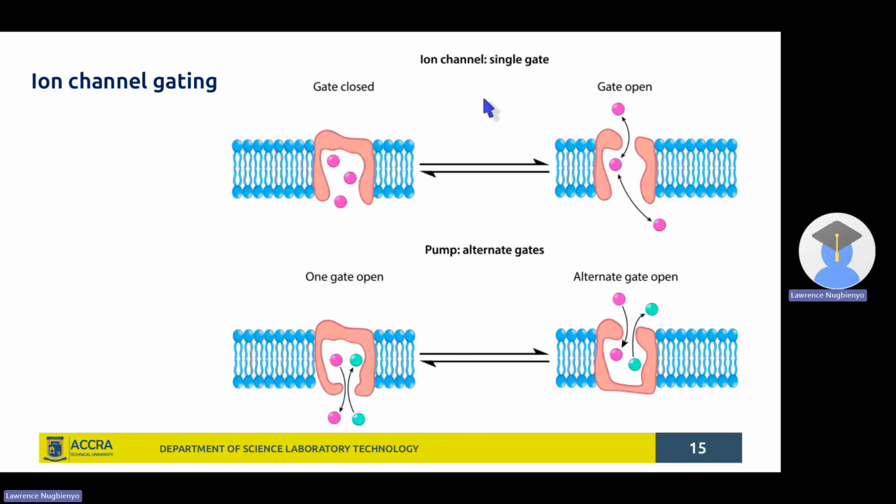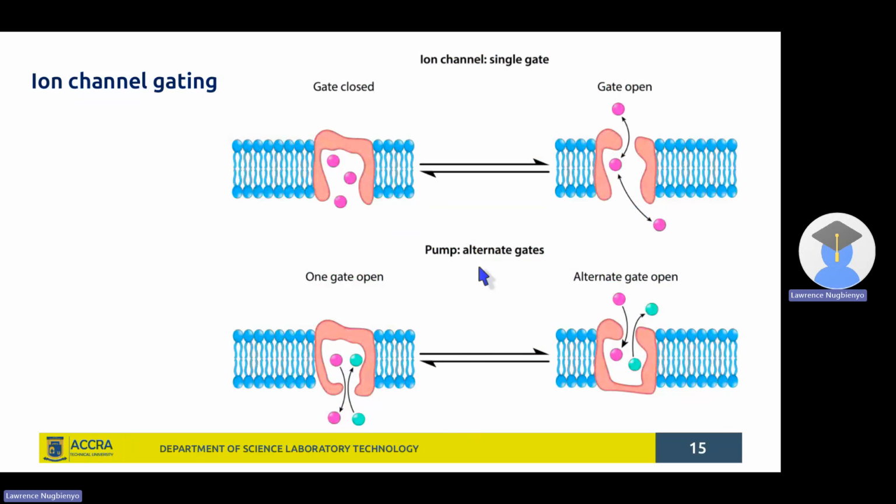There are some ion channels with single gates, which means that, for instance, only the extracellular side has these membrane proteins closing. When there is supposed to be a transport of a substance, it is only that gate that opens for the substance to get through the channel to the other side of the membrane. There's only one gate. That's a single gate.